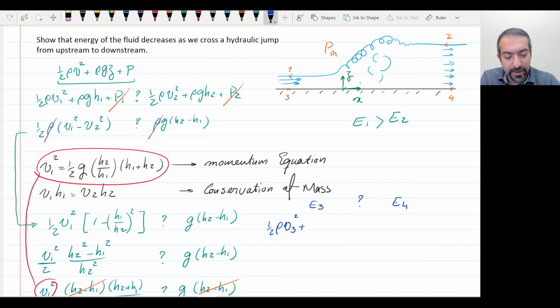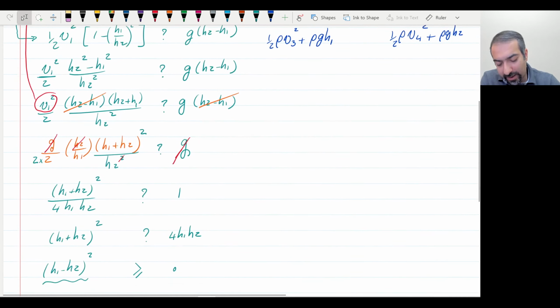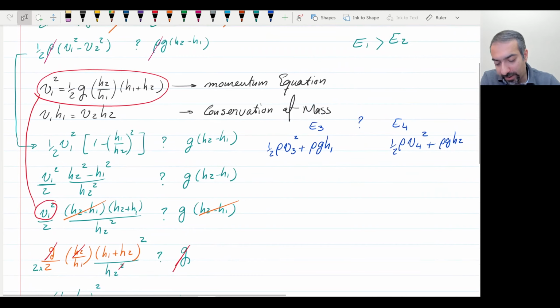There is no z, and then the pressure is simply rho g h1, and that's it. On the other side, I have 1/2 rho v4 squared, and then rho g z is 0, but the pressure term is not 0, so it's going to be rho g h2. And as you can see, it's basically identical to the other thing that we did here.